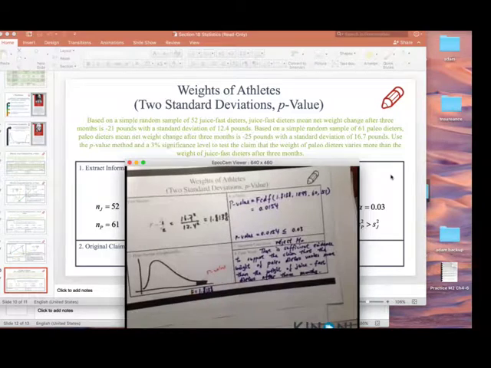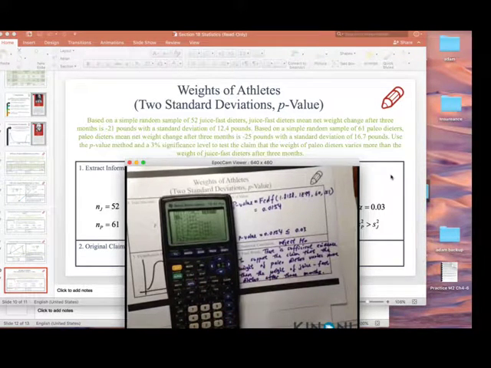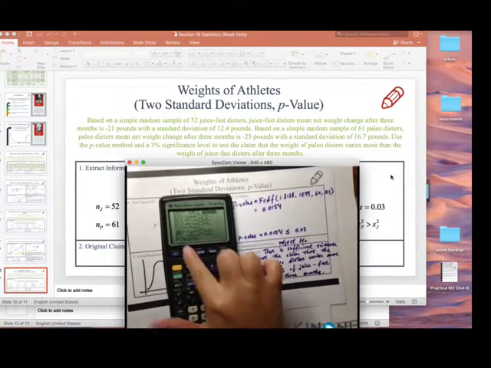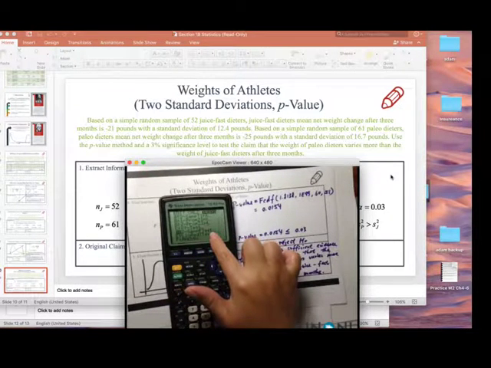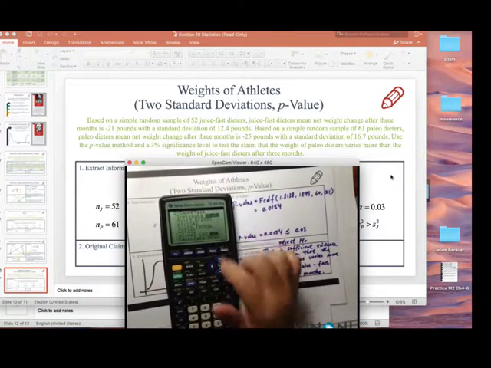Okay, I'm going to show you how to do this with the calculator. On the calculator, go to STAT, go to TEST, and then go up, it's faster. You'll see the two-population F distribution hypothesis test. Then choose the statistics summary.